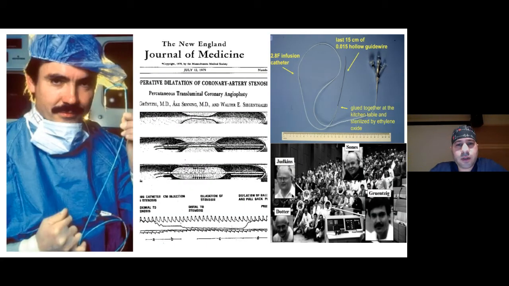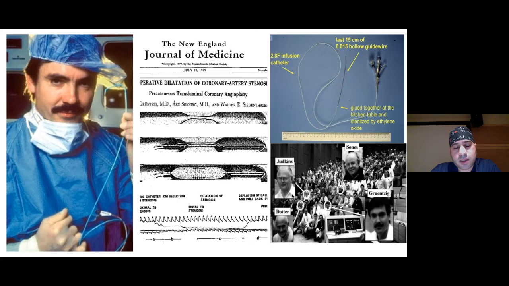So in regards to history, this is Dr. Gruntzig. He published a paper in 1979 about the first POBA done. And he was a big advocate for using intracoronary physiology. He had a transducer measuring pressure at the end of his guide catheter and another pressure transducer at the end of his balloon tip.